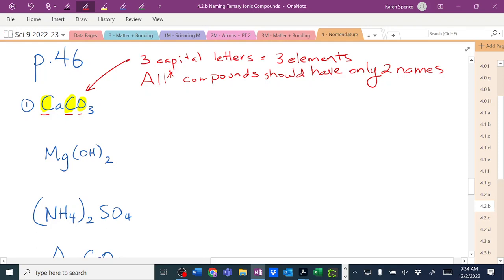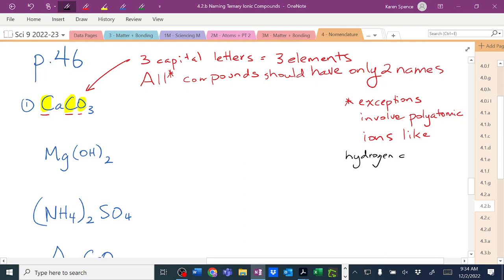So now the reason I have the little star is my exceptions involve ions, involve polyatomic ions, like hydrogen carbonate, which is only a single ion, HCO3 minus.